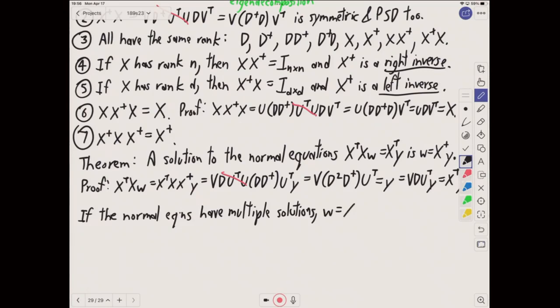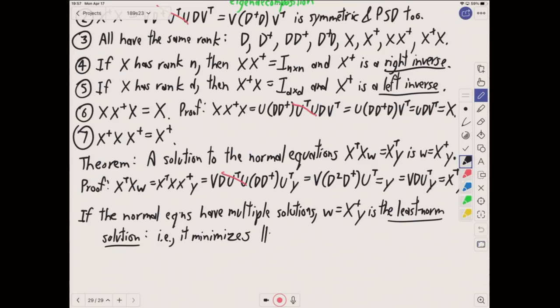And for those of you who attended discussion 6 or reviewed it, you learned that this particular solution, X pseudo-inverse y, is the least norm solution among all of the different infinitely many possible solutions, which means that it minimizes the length of the vector w compared to all other solutions. And again, if you don't remember or didn't see that, you can go back and review the discussion 6 worksheet, and it goes through why that is true.